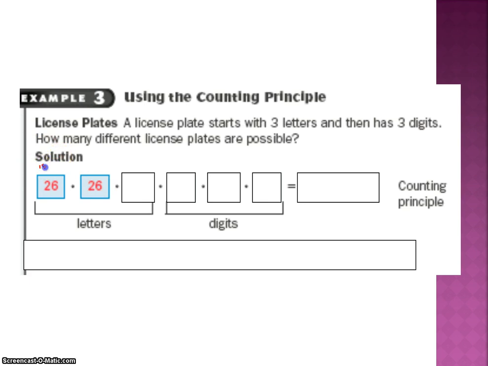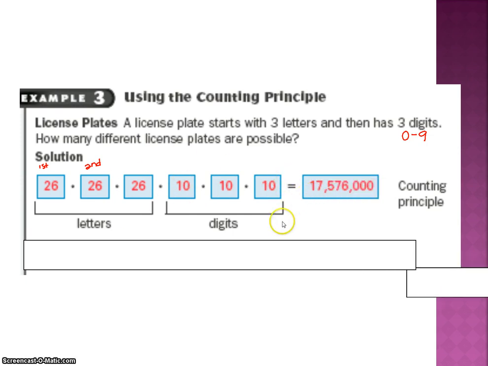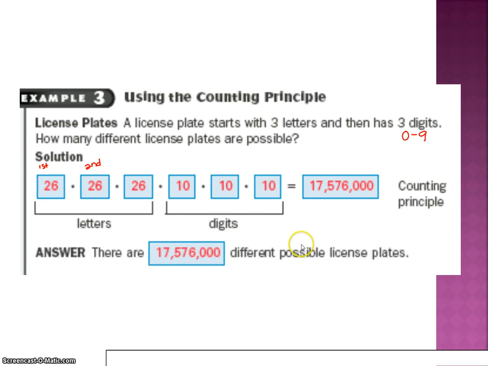So this is the first place in your license plate, this is the second place, and then the third is a letter. Again, it starts with 3 letters, then it has 3 digits. Now the digits are 0 through 9. 10 is not in there because that's a double digit. Again, I can repeat the digits, so 10 times 10. Multiply this together, you get 17,576,000 choices for license plates.